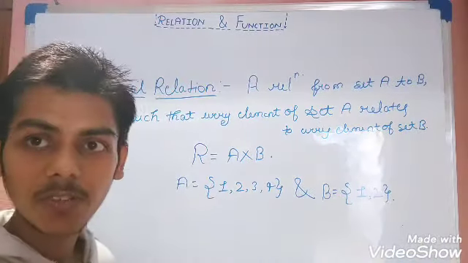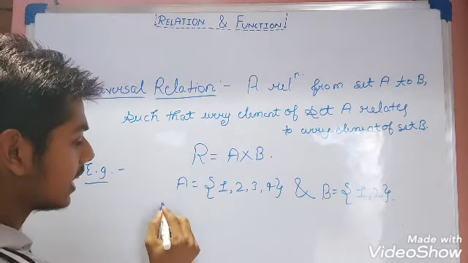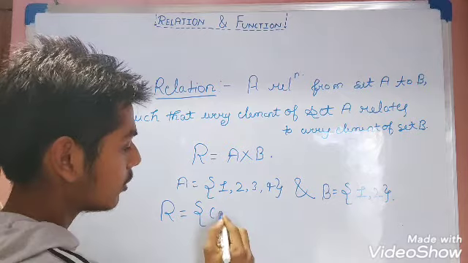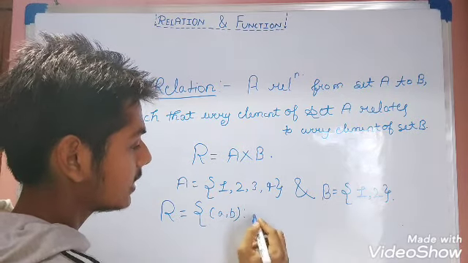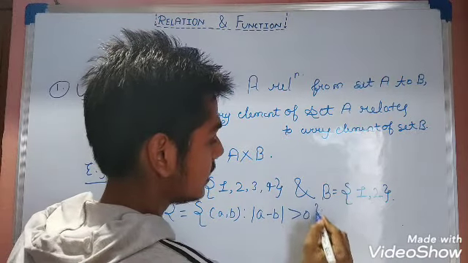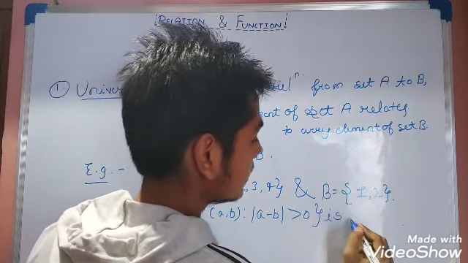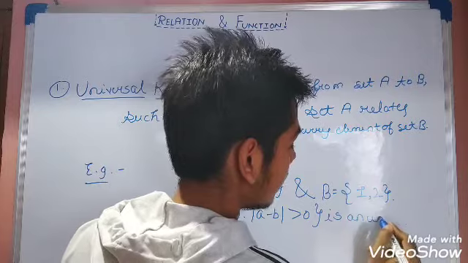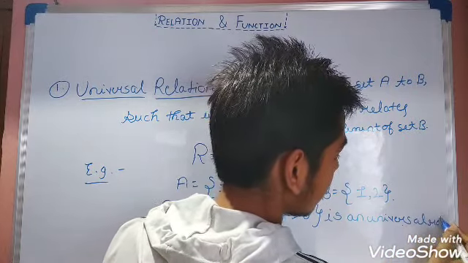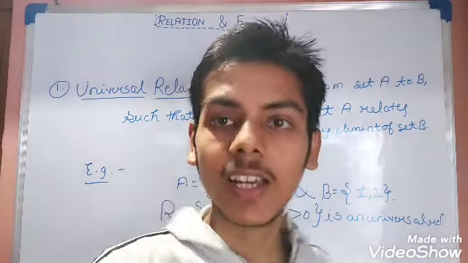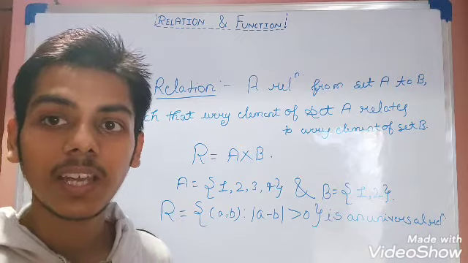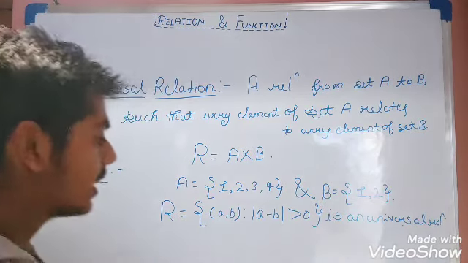Then the relation R from set A to B given by (a, b) such that mod of a minus b is greater than or equal to 0 is a universal relation, as the whole set A cross B holds the condition.